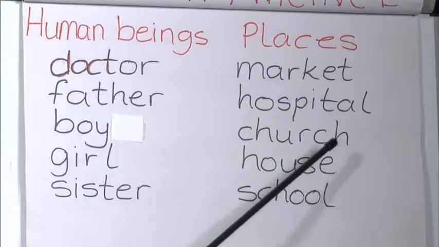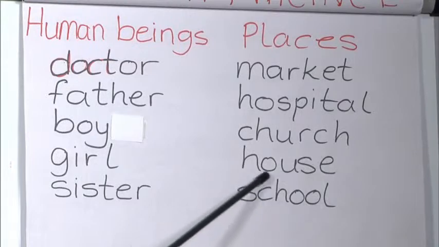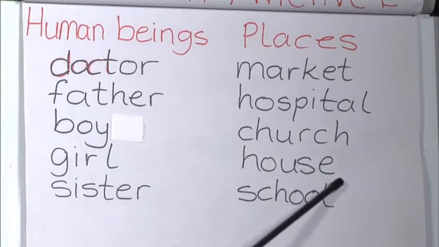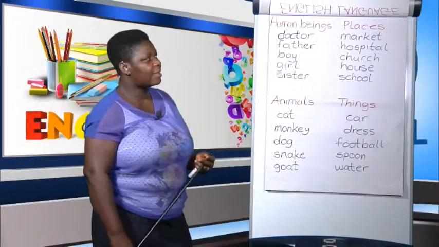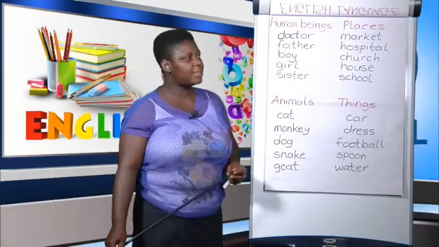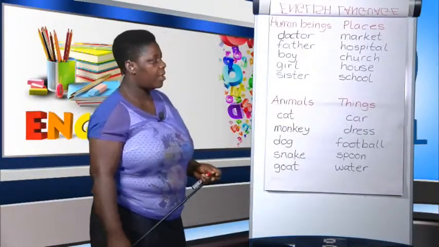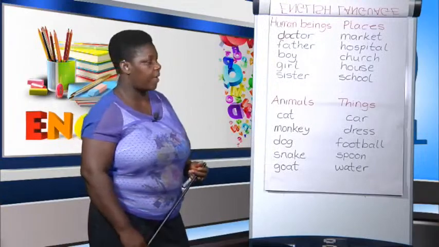House. School. Again, these are some examples of places that we have. We have many of them.